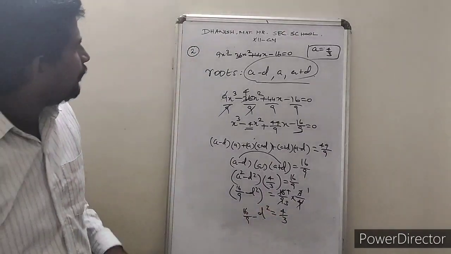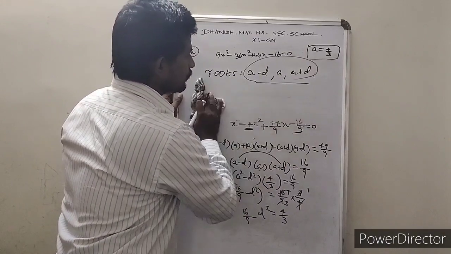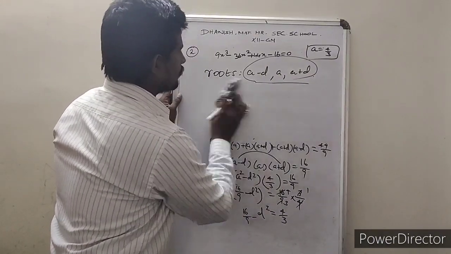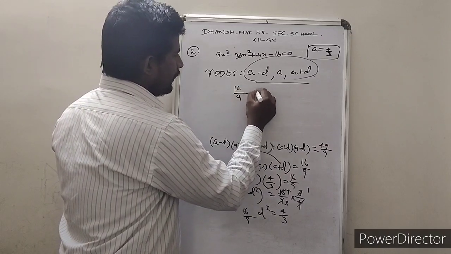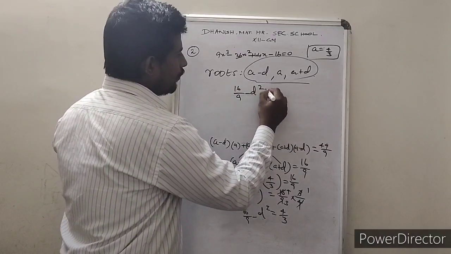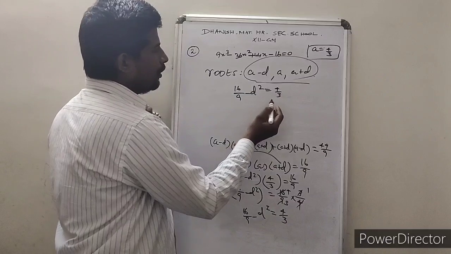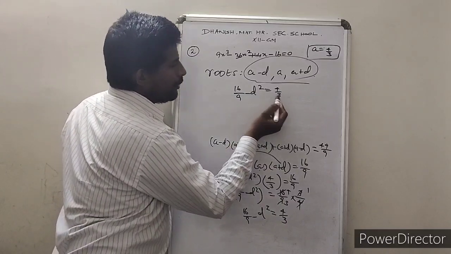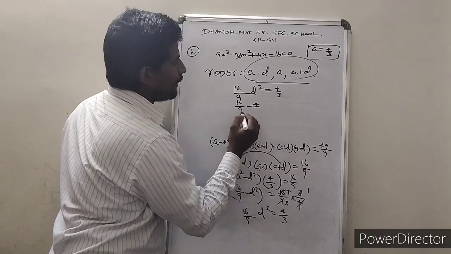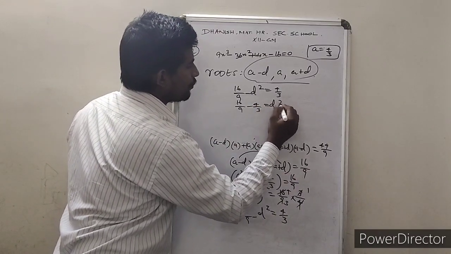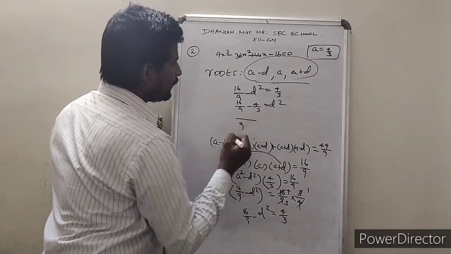Now I am going to bring this 4 by 3 to the left side. So 16 by 9 minus 4 by 3 equal to d square. Here we can take 9 as the LCM.